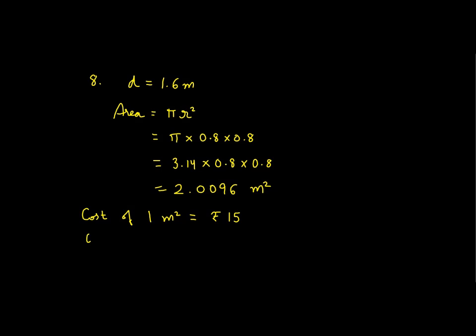So cost of polishing 2.0096 meter square will be 15 times 2.0096, which comes out to be 30.14 rupees. This is the answer to this question.